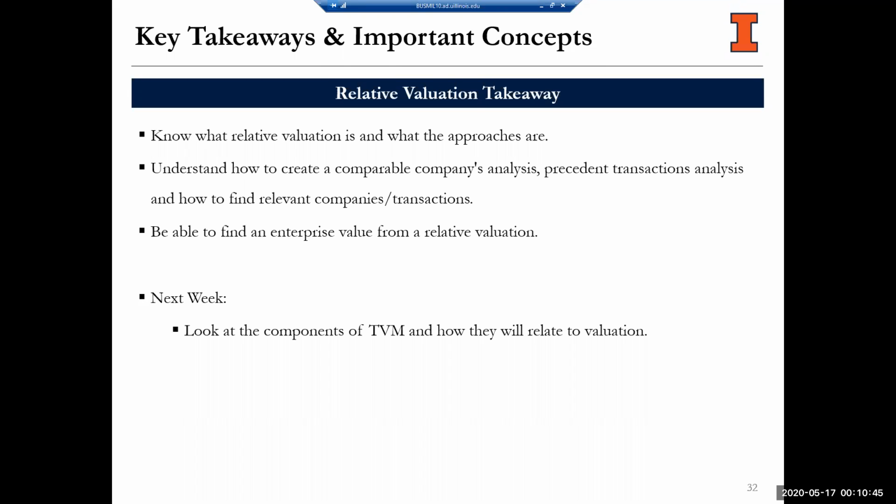Second, we understood how to create a comps analysis in Excel, and if you have taken our Cap IQ class, you also know how to build out a screen and find some of these companies. Then we're looking at being able to find enterprise value from relative valuation, right? So taking the multiple that we determined from our range, from our median, for example, applying that to our revenue or applying that to our EBITDA to derive a value for Chipotle.